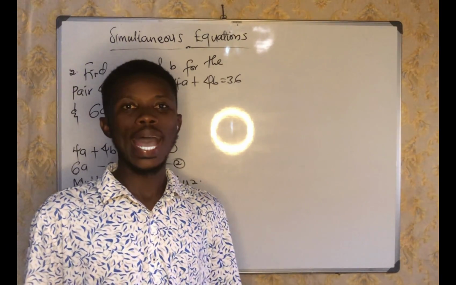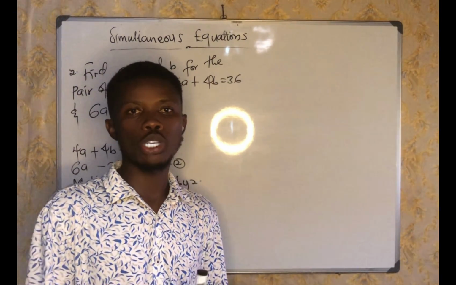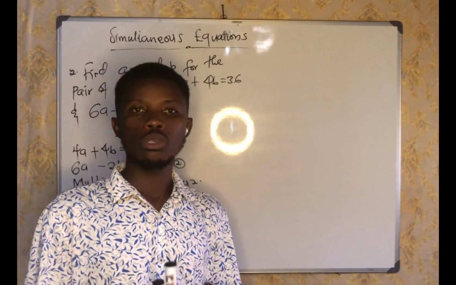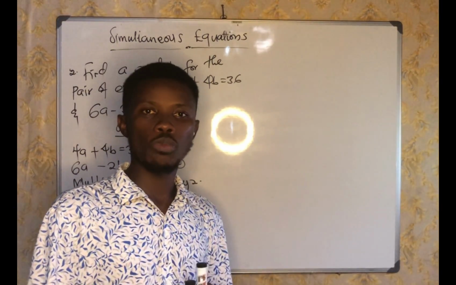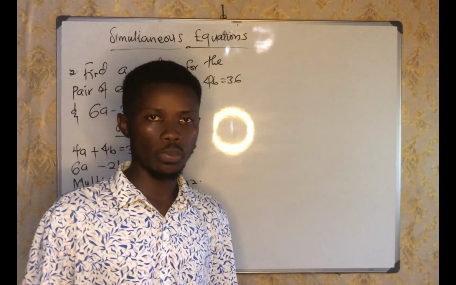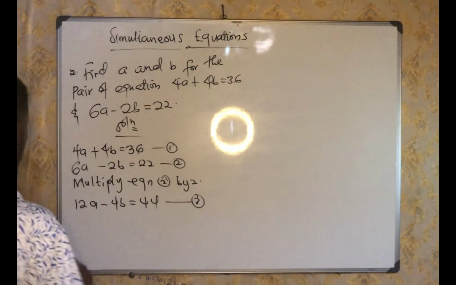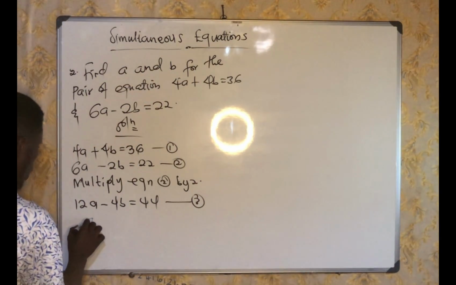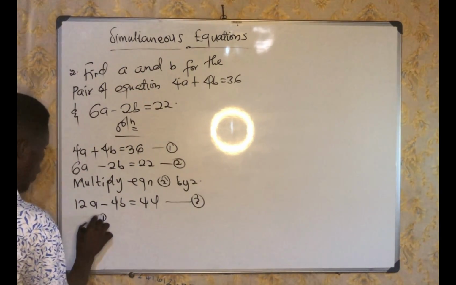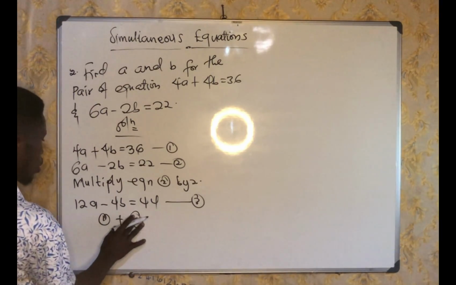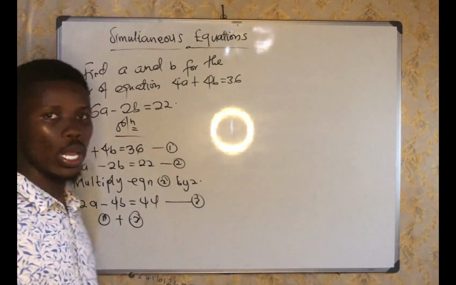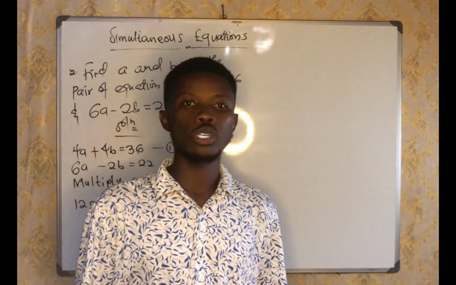So we can add them, because when I add equation 1 and equation 3, the 4b and the negative 4b will cancel. That will give us 0. So I want to add equation 1 to equation 3.